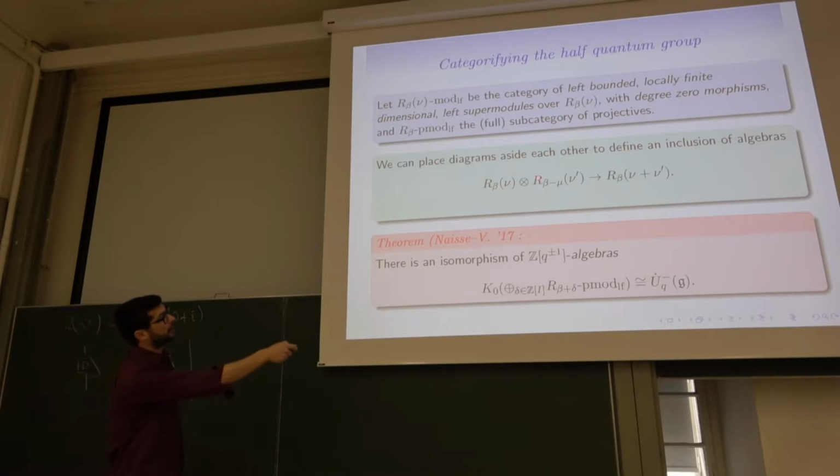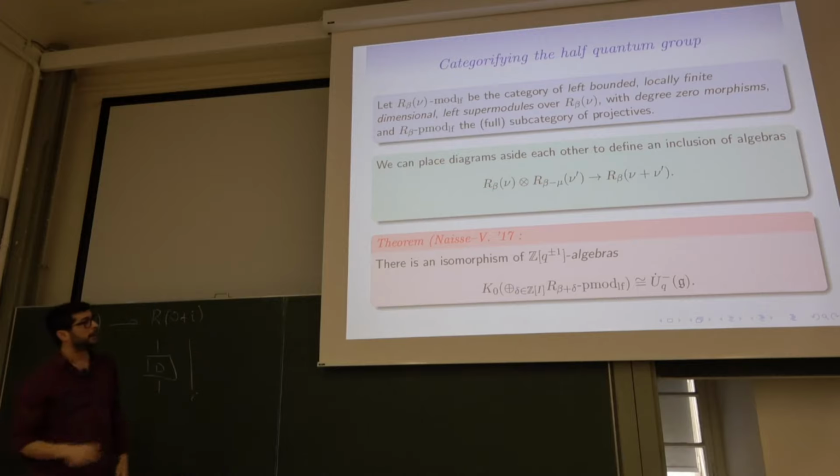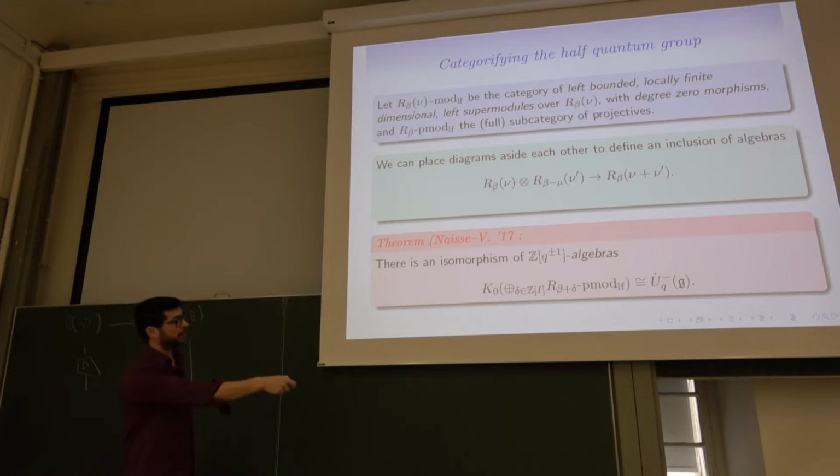You have to be careful because floating dots have gradings, and you have to be careful on what version of this enhanced scalar you put to the right to make things match. But we have this map, and we have an isomorphism of algebras between the Grothendieck group of this algebra and a bigger one, where you sum over all possibilities of shifting your highest weight.